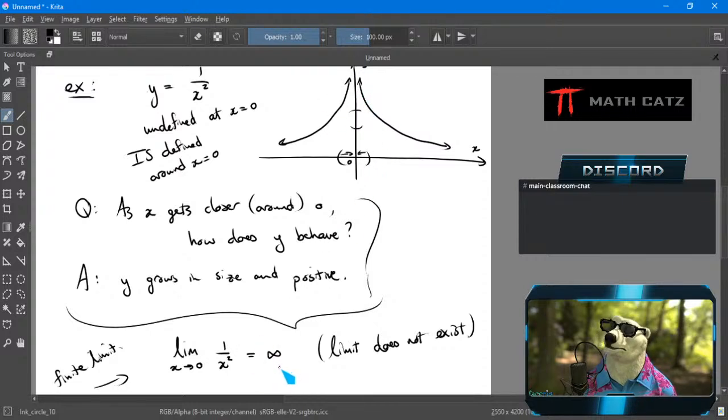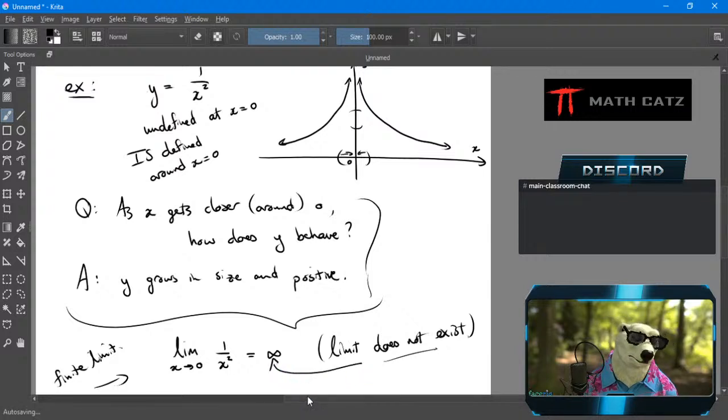I can still indicate that, and we've discussed this yesterday. Don't read too much into the equal sign. It is an appropriate symbol to use. That does not mean the limit exists because of this infinity that I have there.